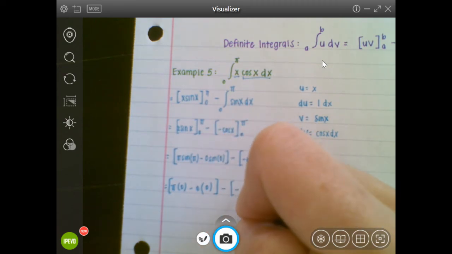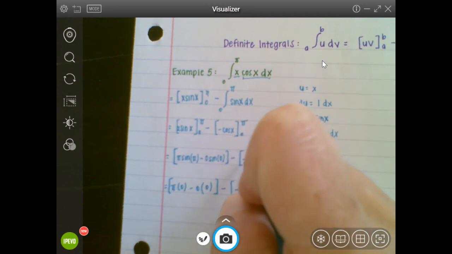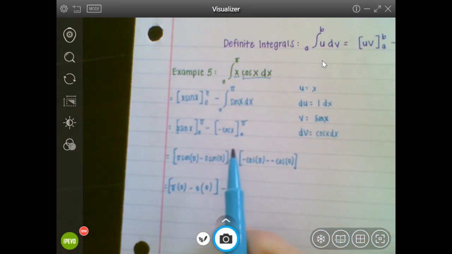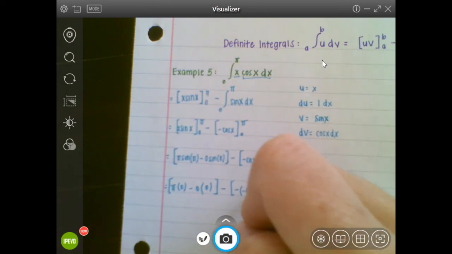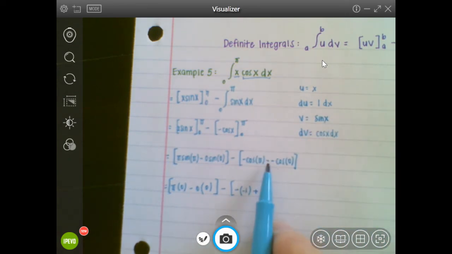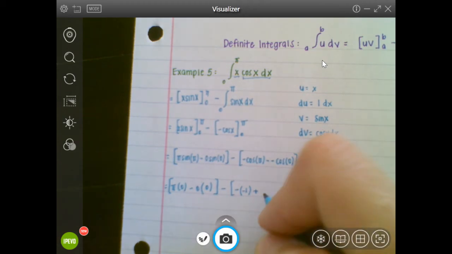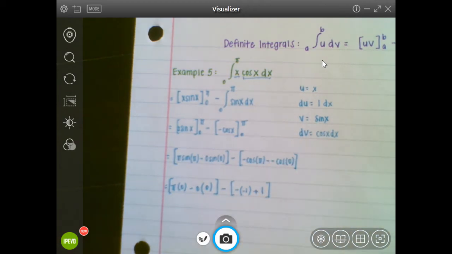Well, cosine of pi is -1, but I'm just dropping down the minus that's already in front of it. So I have to pull down that minus, and then I'm going to plug in -1 for cosine of pi. I'm going to make this into a plus because that double negative becomes a positive. And then I'm evaluating cosine of 0, which is just +1.